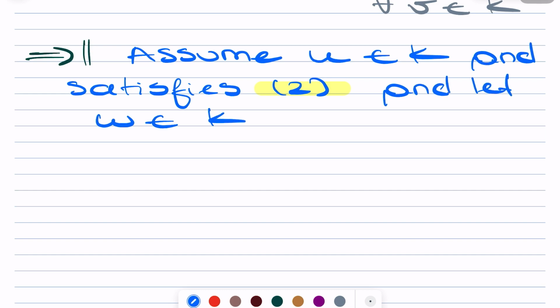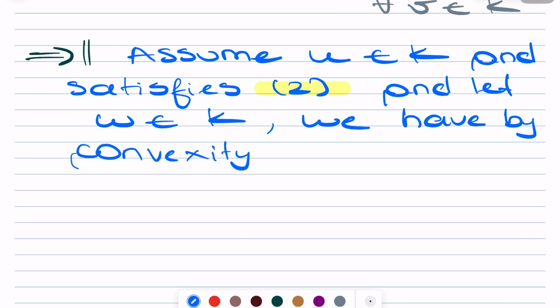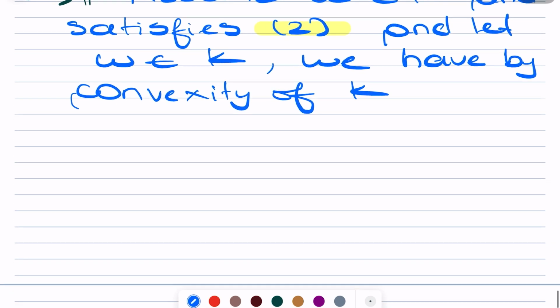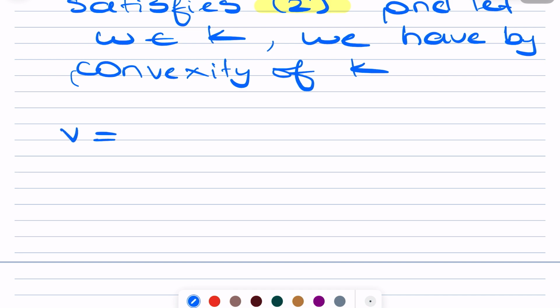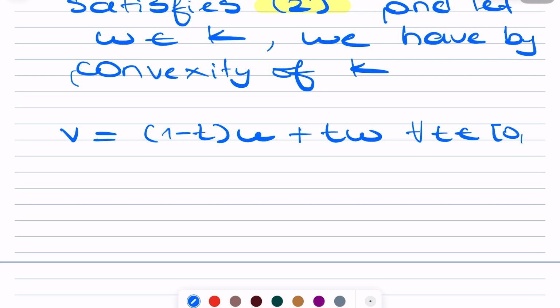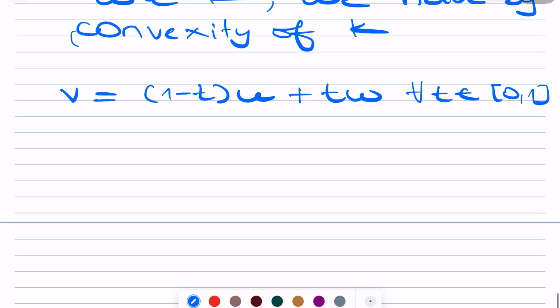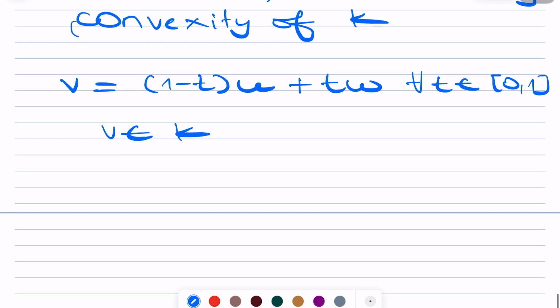So we have by convexity of K that the vector v that I define to be 1 minus t u, right, plus t w, for every t in 0, 1, you have that this v is in K, right?